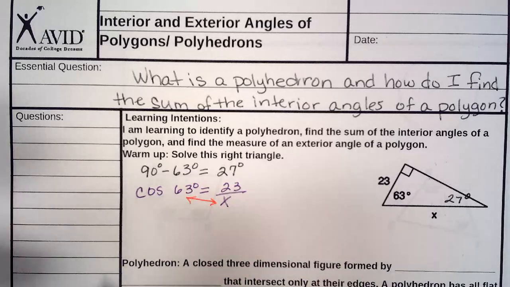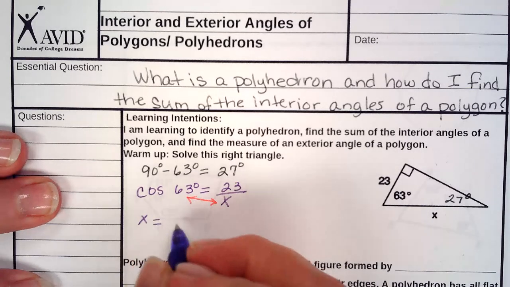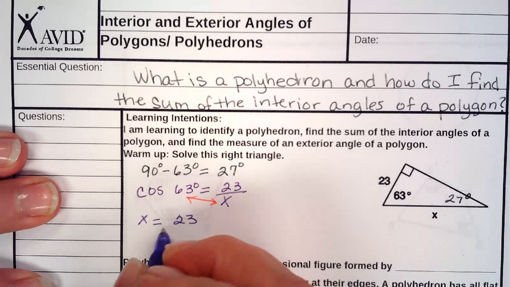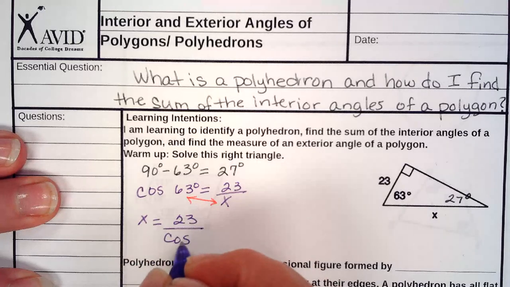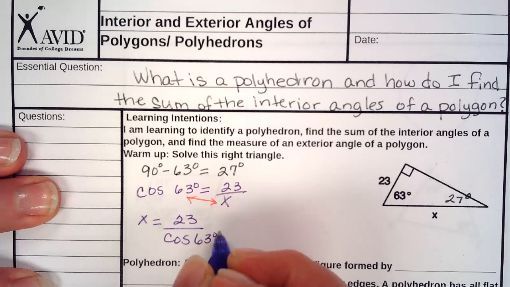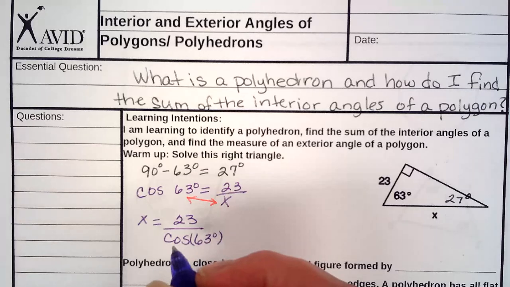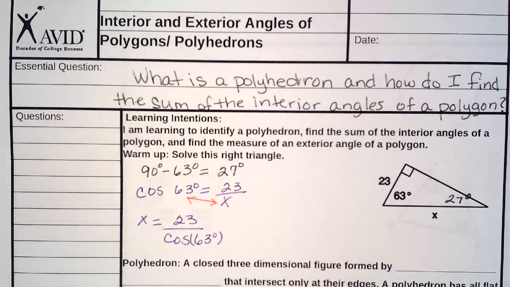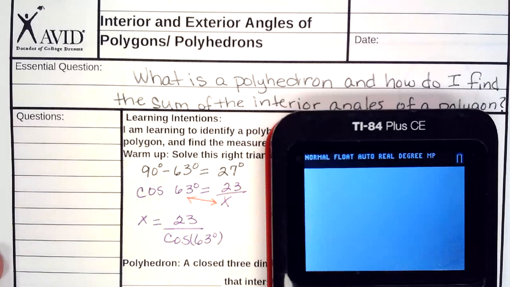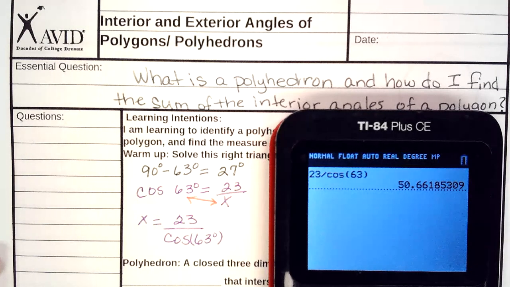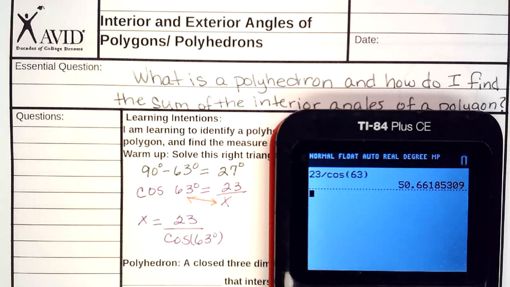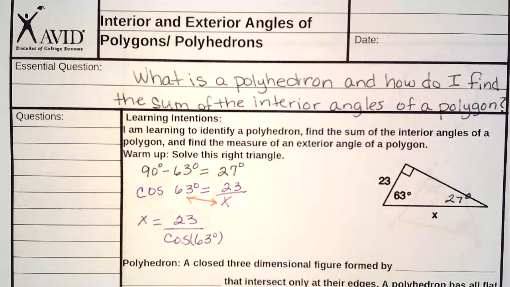So x is equal to 23 divided by cosine of 63 degrees, and we end up with 50.66, which is about 50.7.